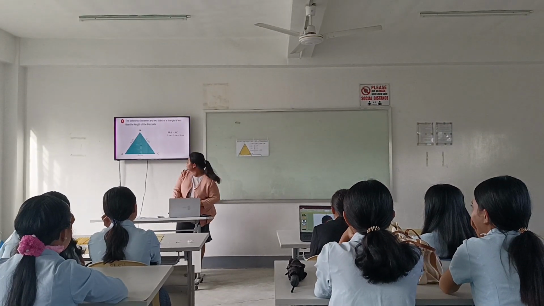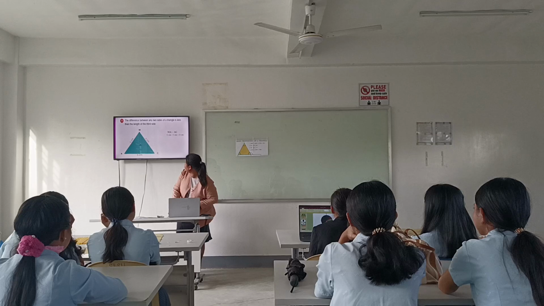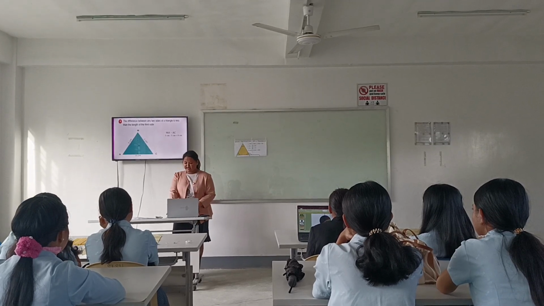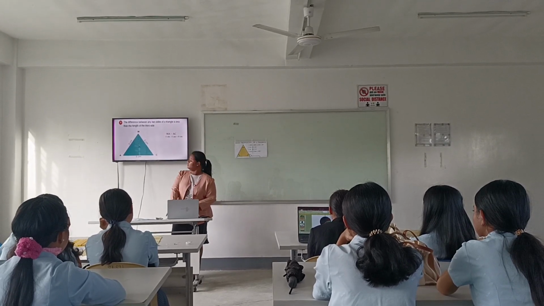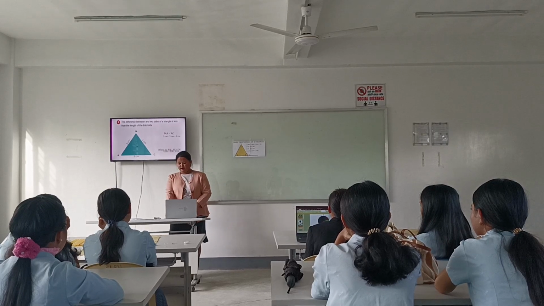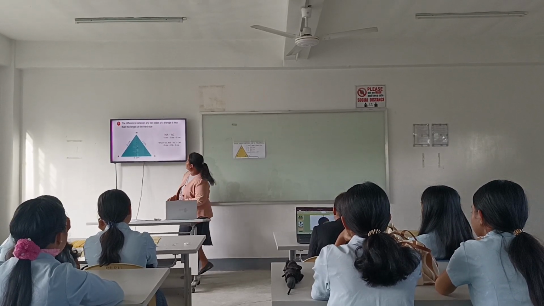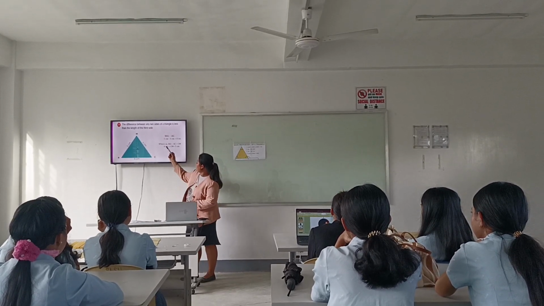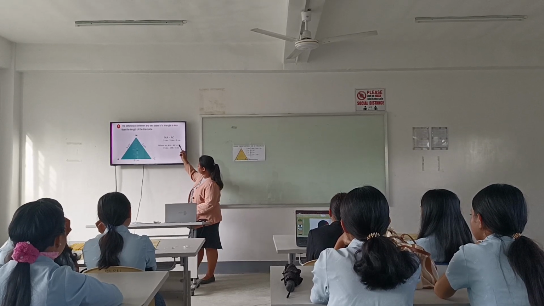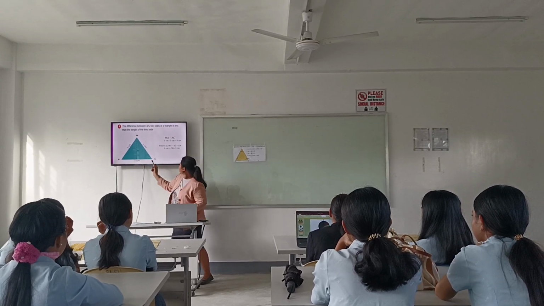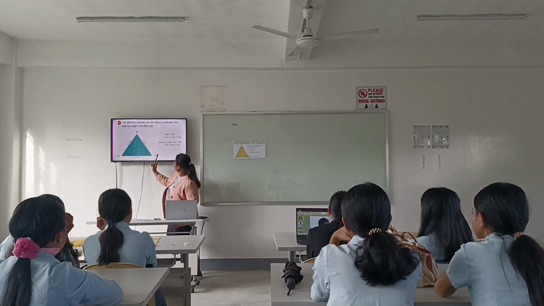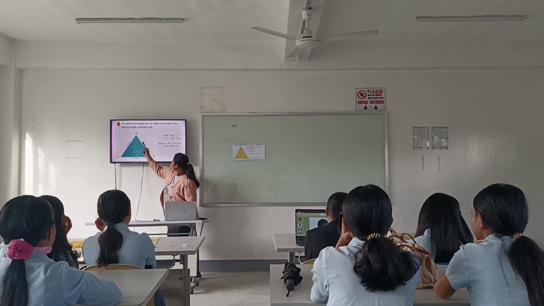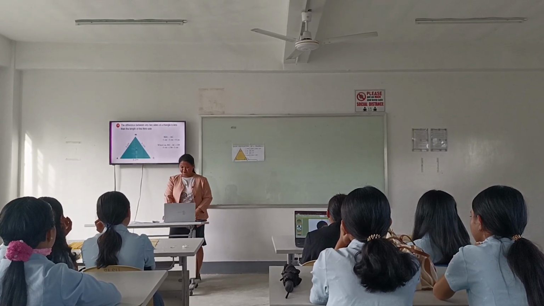If we subtract the measure of the side MA and AC, it will be 0 centimeters. So MA minus AC is less than the measure of the side CM.